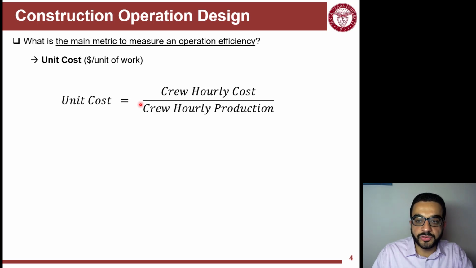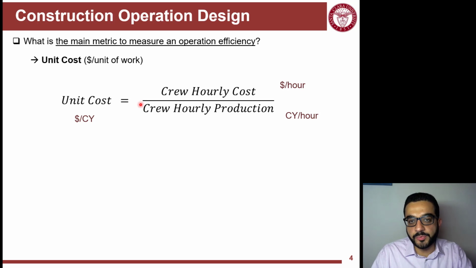So unit cost here is equal to the crew hourly cost divided by the crew hourly production. And just by laying out the units of each of these variables, you can see that the unit cost in dollars per cubic yard, for example, would equal dollars per hour divided by cubic yards per hour.